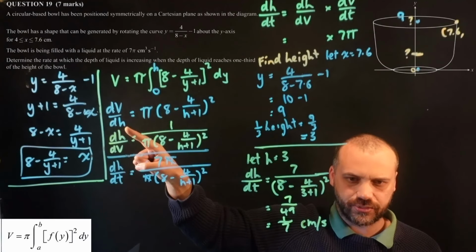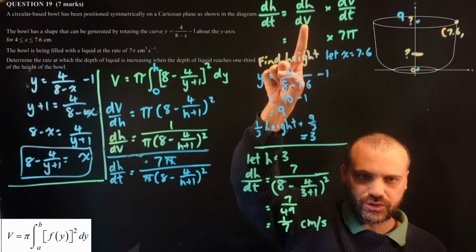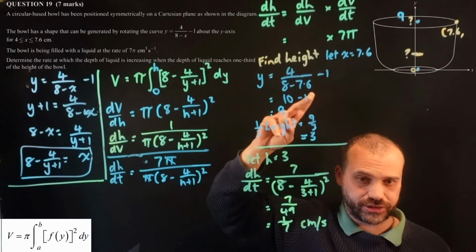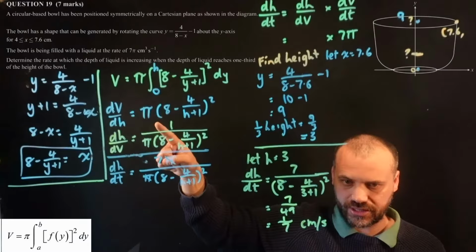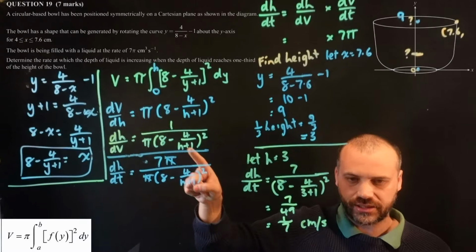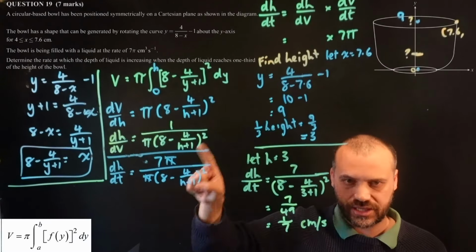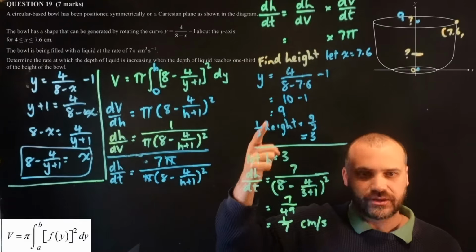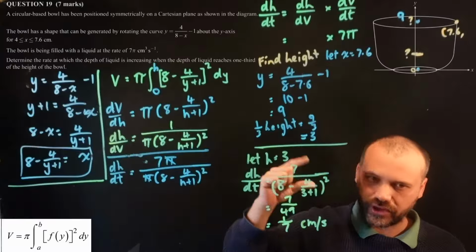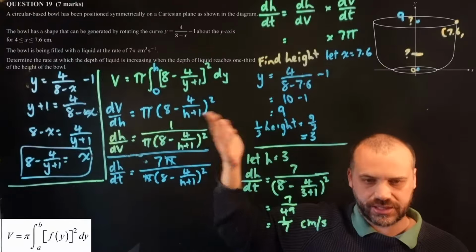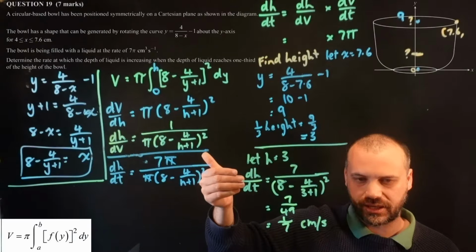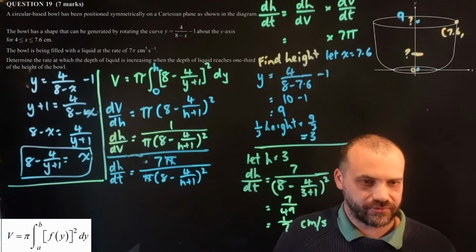The reason we started working towards this was because we knew we needed dH/dV or dV/dH. So we did that, we got to here, and then dH/dt comes from this nice little formula here. We needed to know what 1/3 of the height was, relatively straightforward compared to the other stuff, and then we let h equal 3 in our rate of change formula, and we get a final answer.